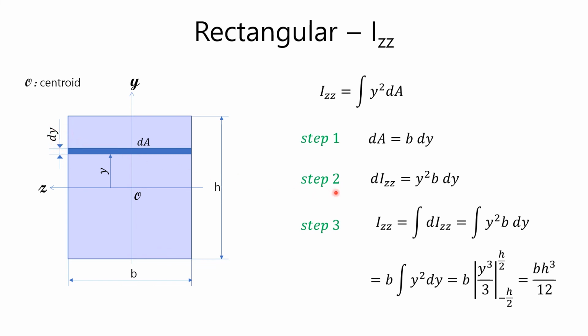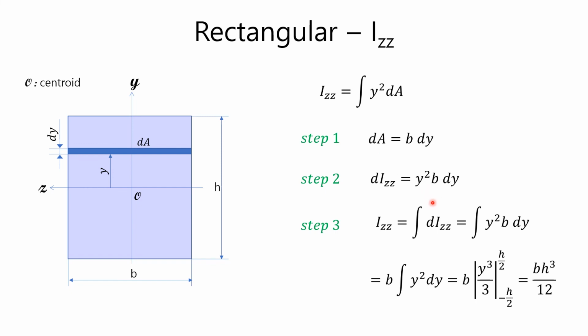As step 2, we calculate the small moment of area dIzz. dIzz is the product of the small area dA and y squared.